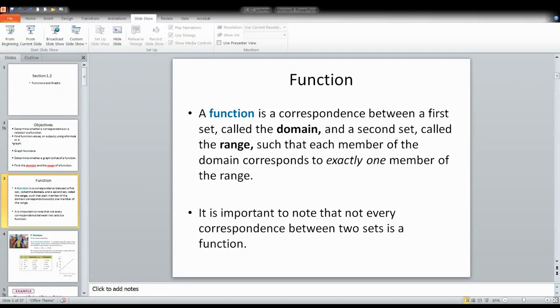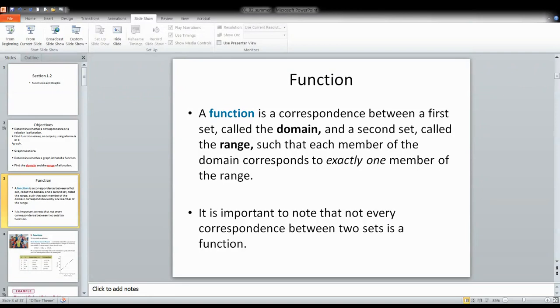Many can go to one, but one can't go to many. So your domain is the set of all first values, the calories, 410, 430, and so forth. And your range is the set of, in this case, calories from fat, 19, 23, and so forth. It's okay for more than one element of the domain to correspond to the same element. Many can go to one, but one can't go to many.